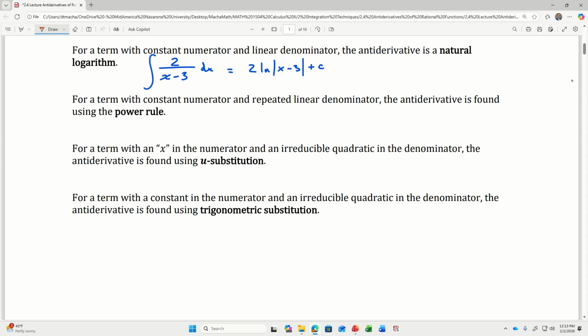Maybe I end up with a term that has a constant numerator and a repeated linear factor in the denominator that has multiplicity 2 or 3 or 4 or whatever. And in that case, I can just use the antiderivative power rule, where the power rule would say, make that -5 divided by x minus 3.